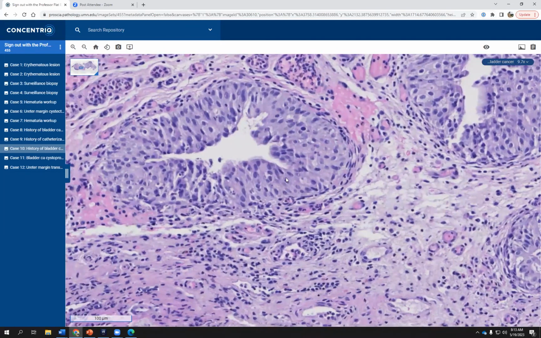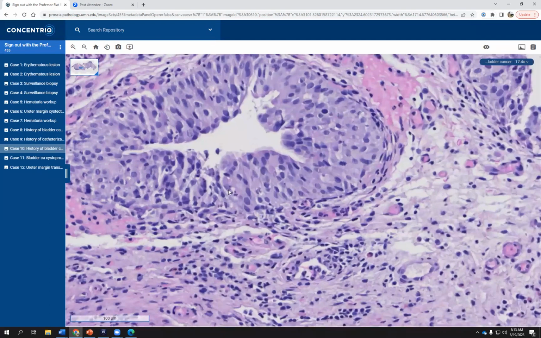However, as you look around, and as we saw earlier, we do see a considerable amount of inflammation in the stroma, not only in the stroma, but also infiltrating the urothelium, which could potentially cause a reactive change. So it's almost like a little neutrophilic abscess.